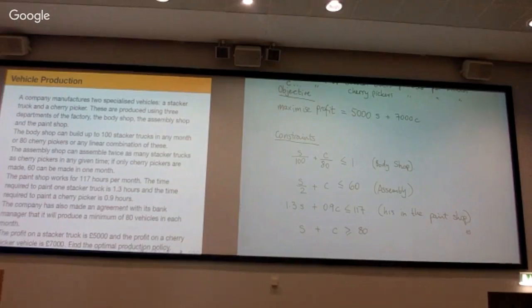No. Well, they're above 80 in total, which could mean that you could do, that makes sense, but suppose you could do something like put S to 100 and C to minus 20, and you'd still get a feasible solution. It satisfies all these four constraints.